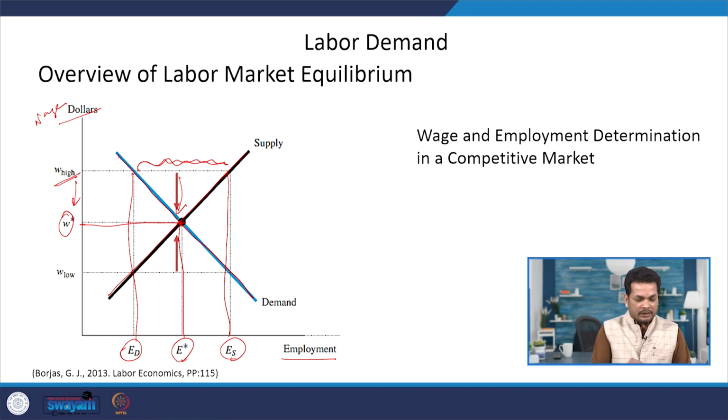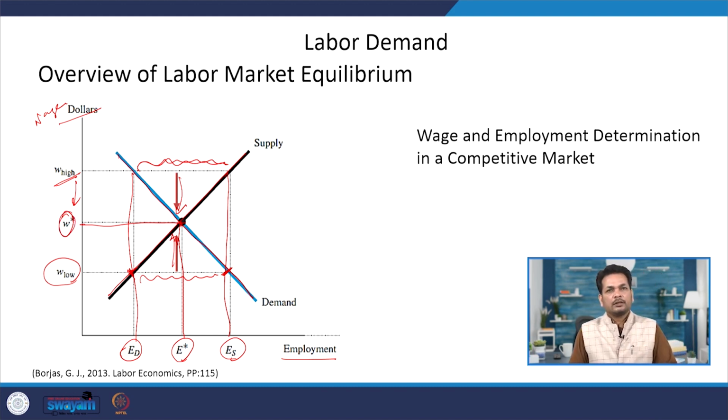Similarly, when the wage rate is lower than this market clearing wage rate W star, the demand for workers is much higher than the supply of workers, which means there is a shortage of workers, which will induce the wage rate to go up and settle down at W star.